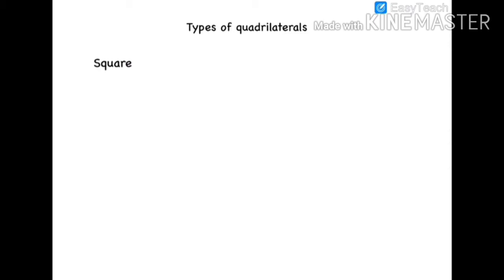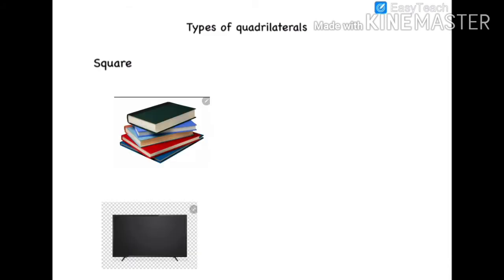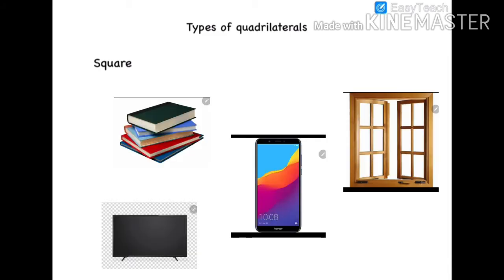Next, we will study about various types of quadrilaterals. If you look around, you will find many objects that have the shape of a quadrilateral. Most of the objects have a rectangular shape or a square shape, like the floor, walls, ceilings, windows, your TV screens or your mobile screen.